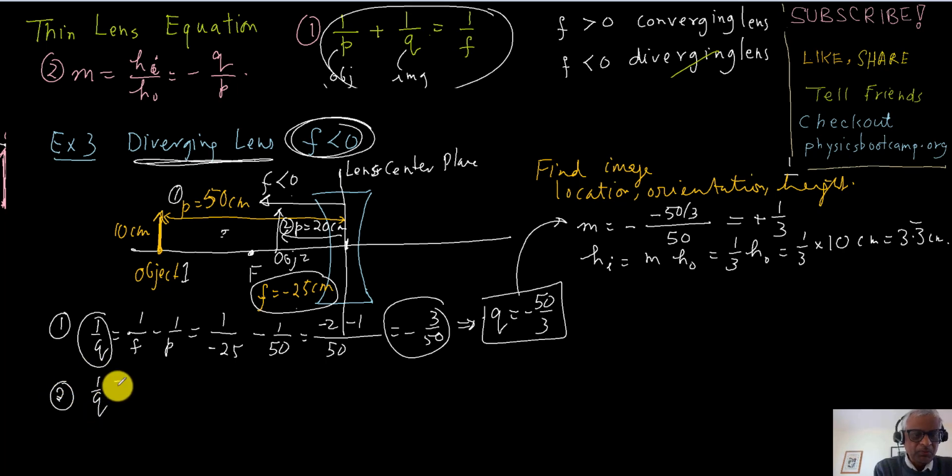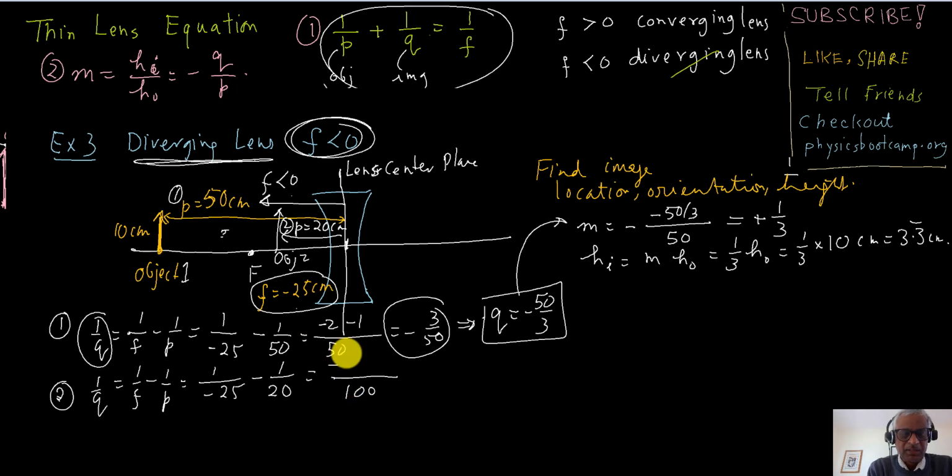Okay, how about the case 2? 1 over q is 1 over f minus 1 over p, so it's minus 25 minus 1 over 20. Common denominator is 100, so minus 4 minus 5, minus 9 over 100, q equals minus 100 over 9.